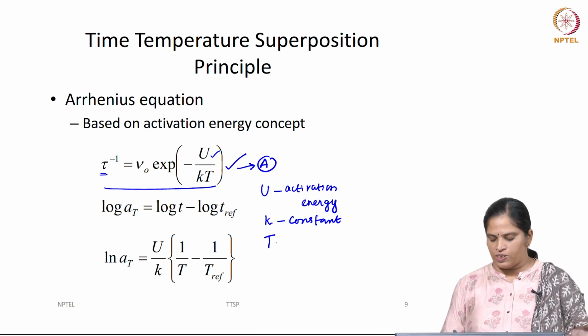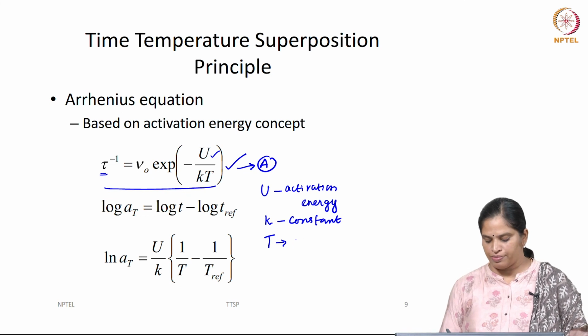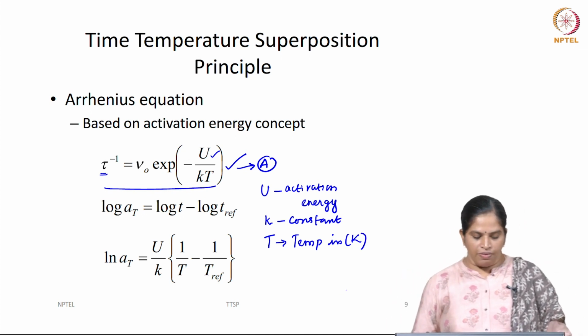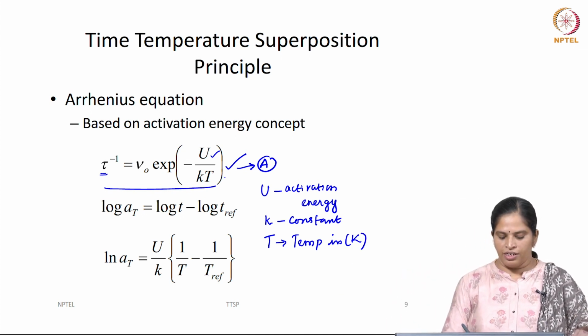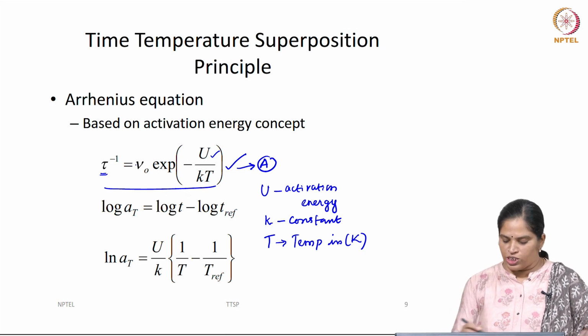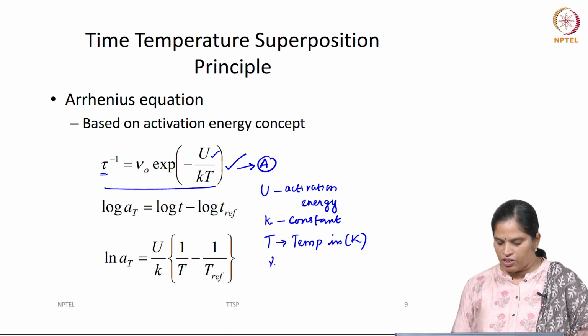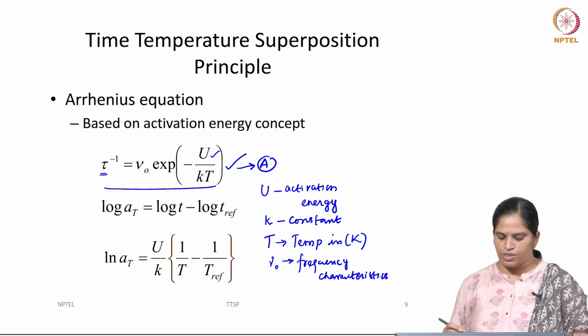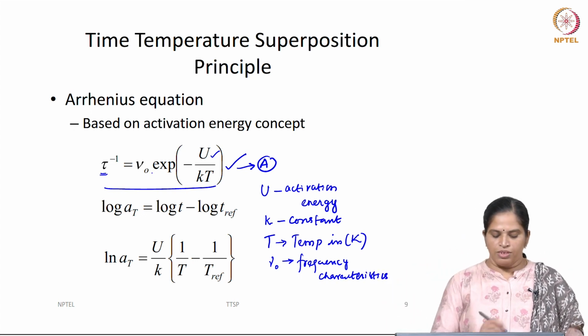T is the temperature measured in Kelvin. We have the Arrhenius equation here, and one more function, nu naught, which is a frequency characteristic function.